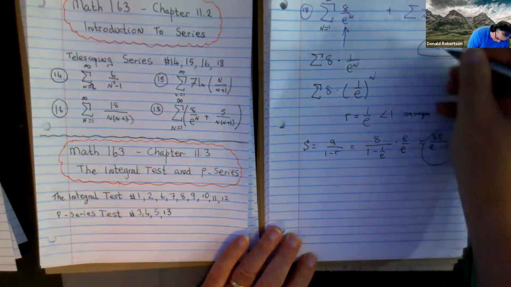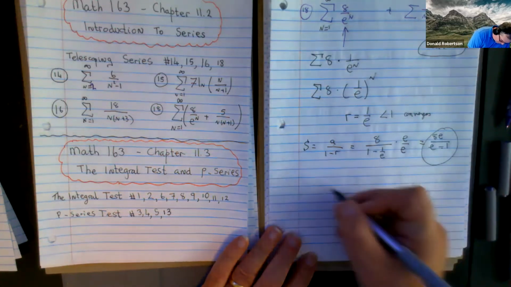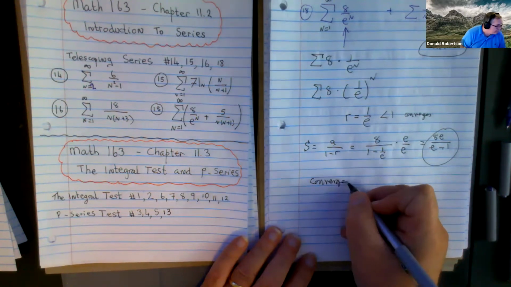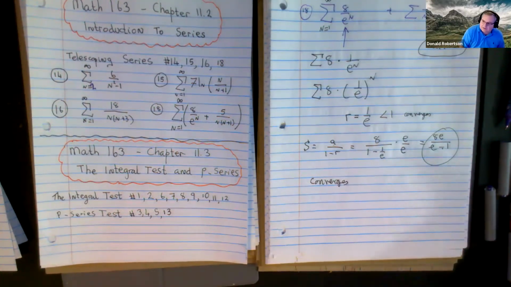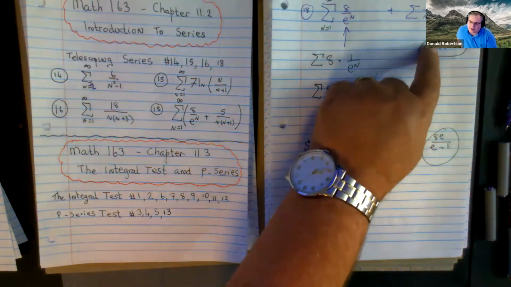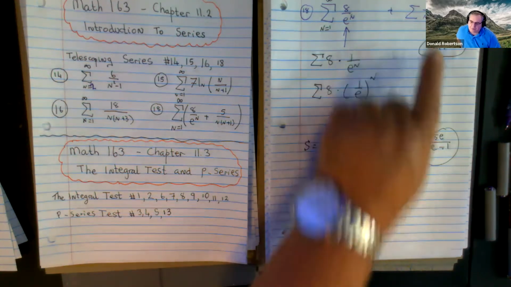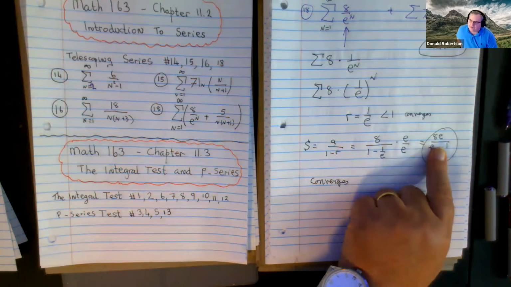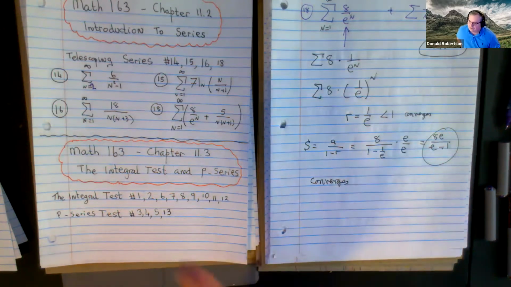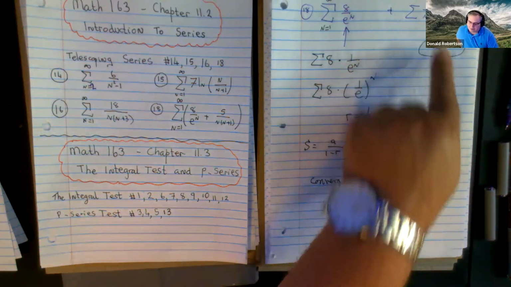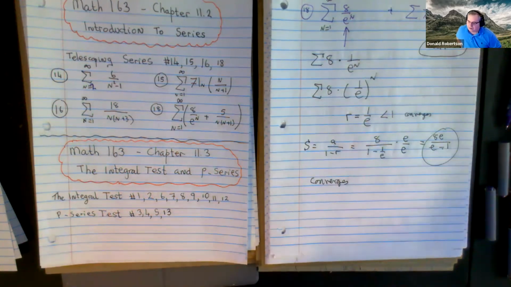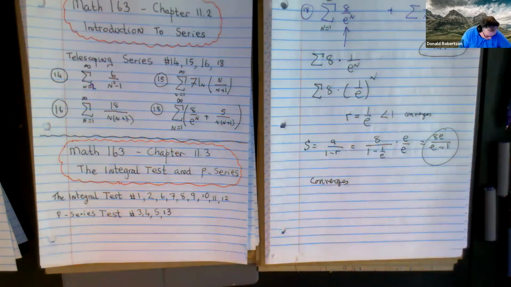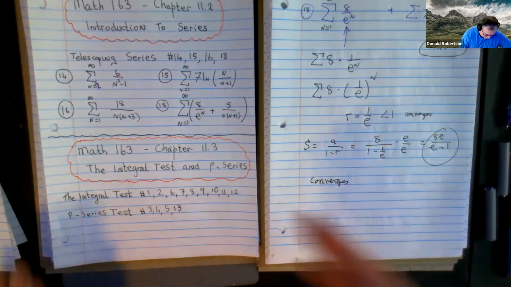If that converges to 5 and this guy converges to that, then the whole thing converges. Suppose that diverged. The answer would be the whole series diverges. But if both of them converge, then the complete series, the thing that's made up of the two joined together, also converges.